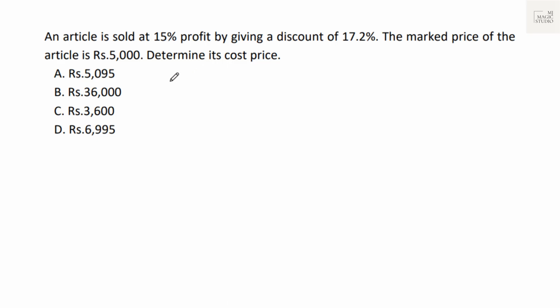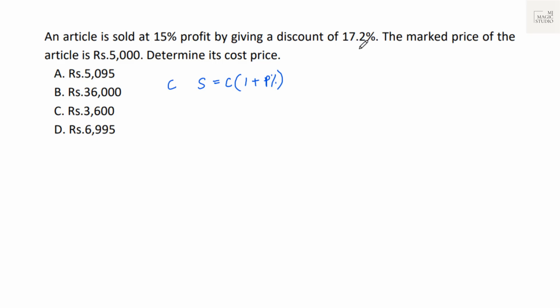An article is sold at 15% profit. So if the article's cost price is C and selling price is S, then selling price equals C into 1 plus profit percentage. Let it be P%, or P by 100.